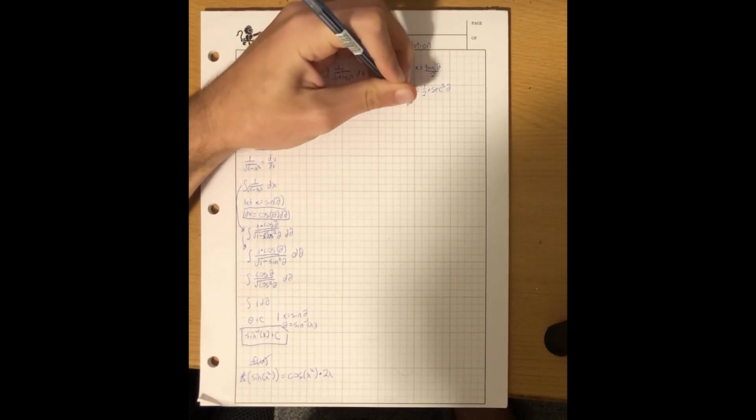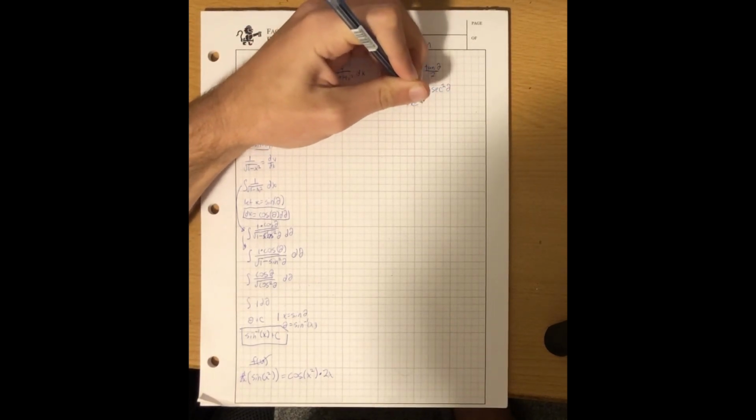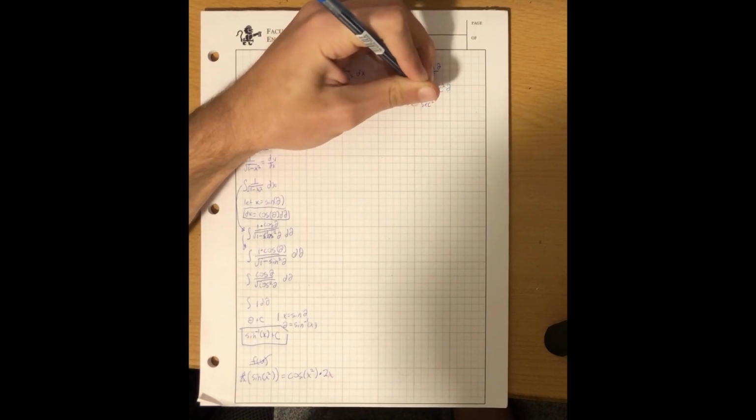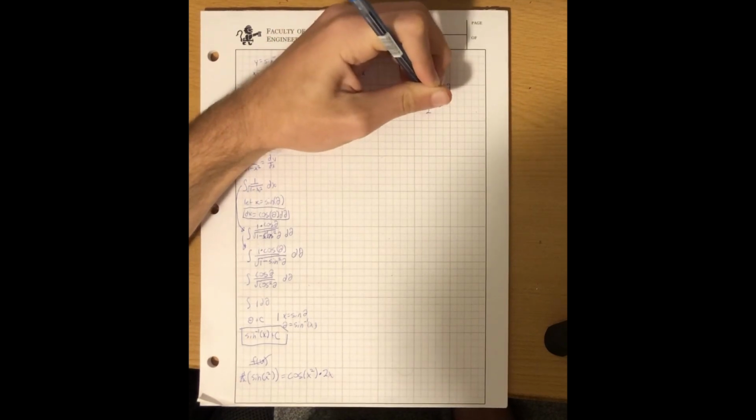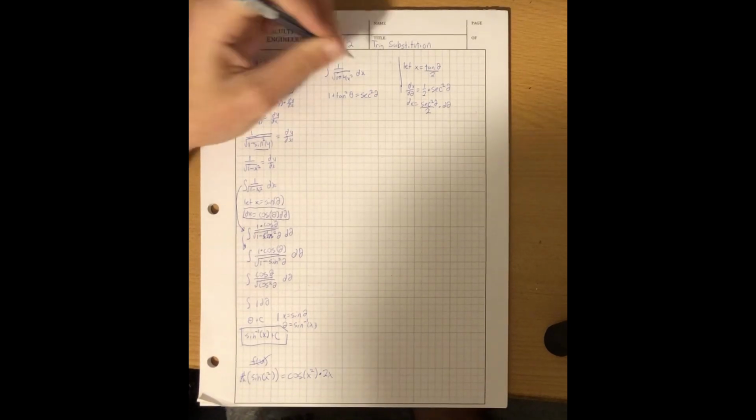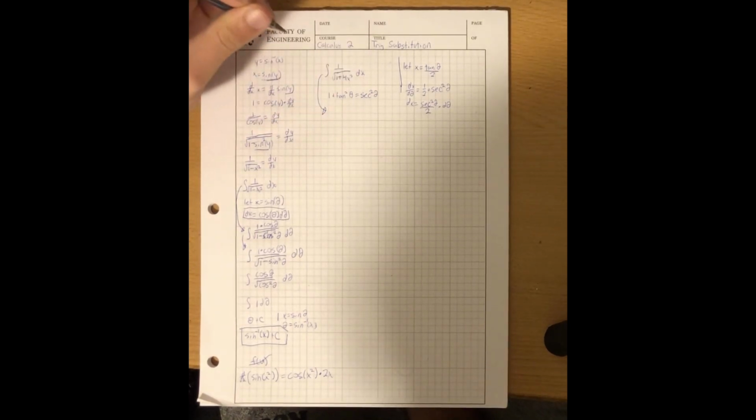Or in other words, we'll have dx equals secant squared theta over 2 times d theta. So bringing it back to that, let's do that.